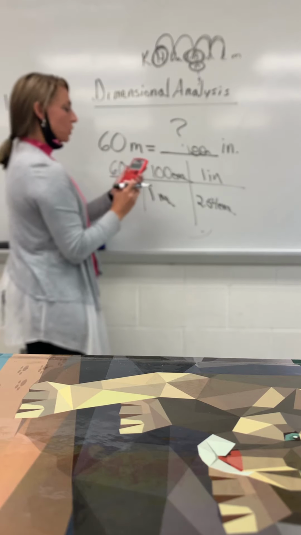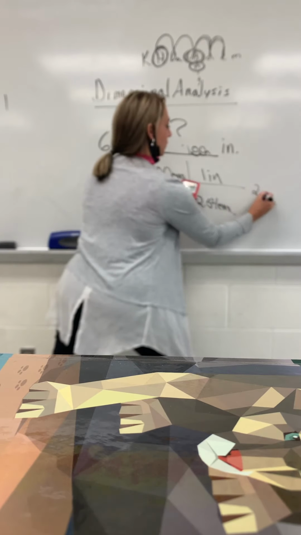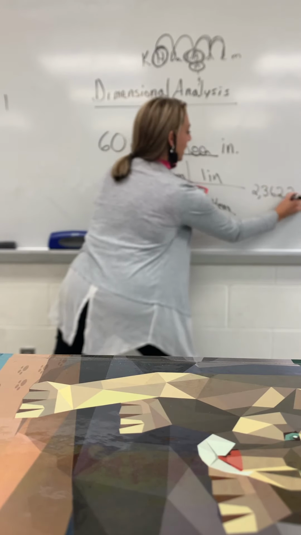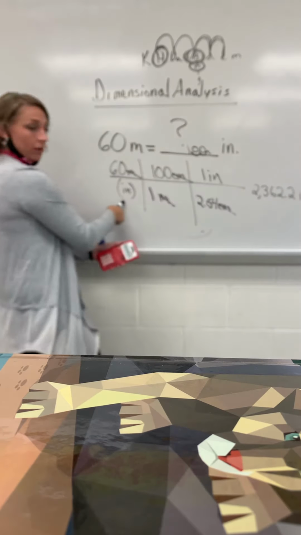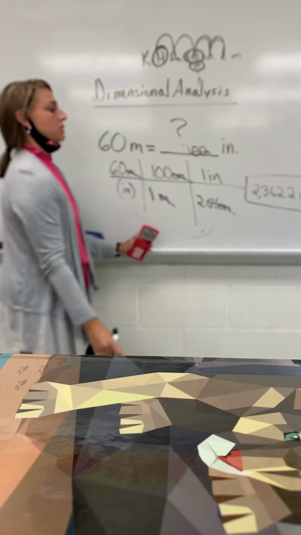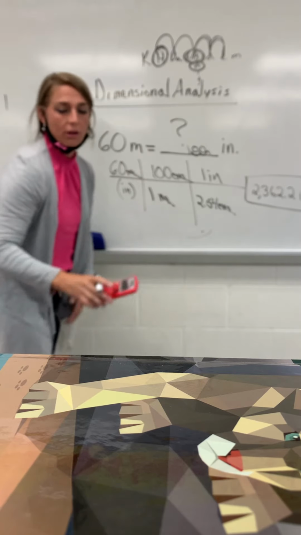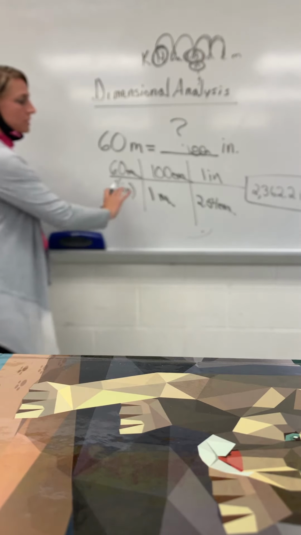You should have 2,362.2, and remember our unit we're trying to get to is inches there. 2,362.2 inches on that unit conversion. Okay, there's a dimensional analysis.